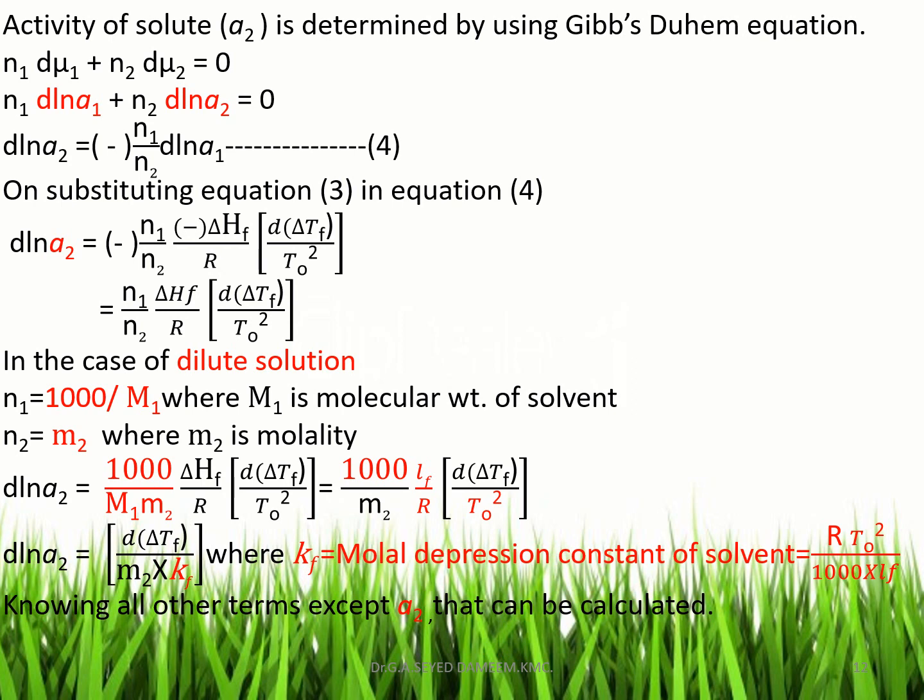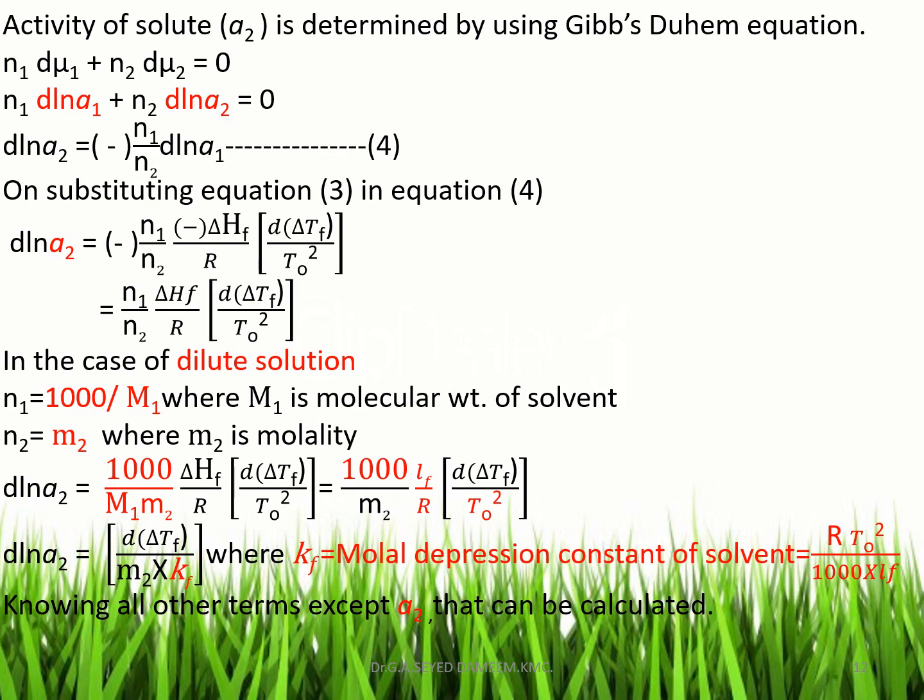So the equation is 1000 small LF divided by M2 and divided by RT0 square, with numerator d delta TF. Now on simplifying, we get d ln A2 equal to d delta TF divided by M2 into Kf, because Kf is equal to RT0 square divided by 1000 into LF.